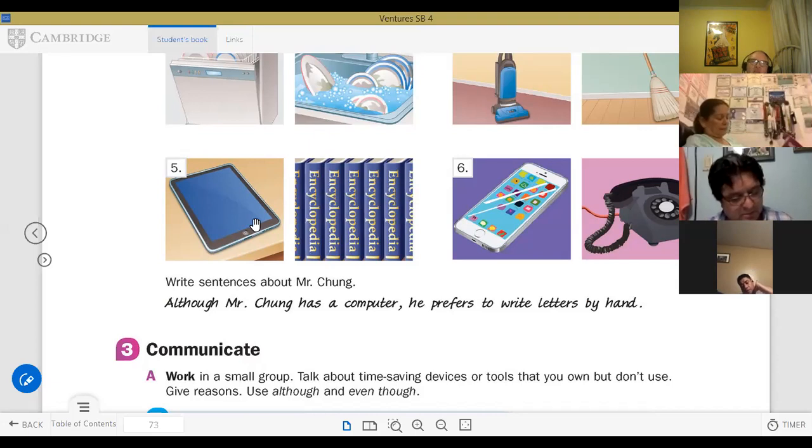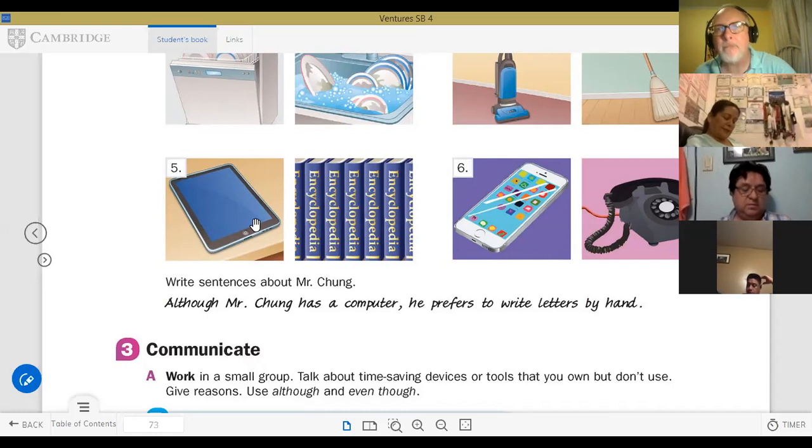Even though he has a nice tablet computer, he prefers to get information using the encyclopedia. Okay? And what about picture number 6? What can we say? Even though he has a nice cell phone, he prefers to use his house phone, his old landline.